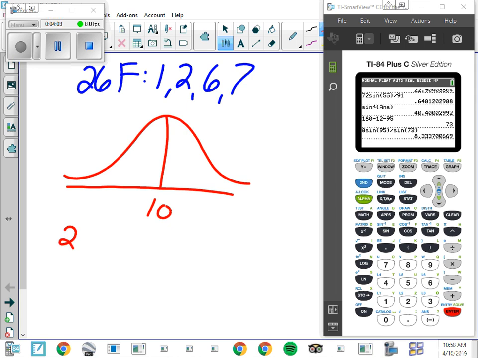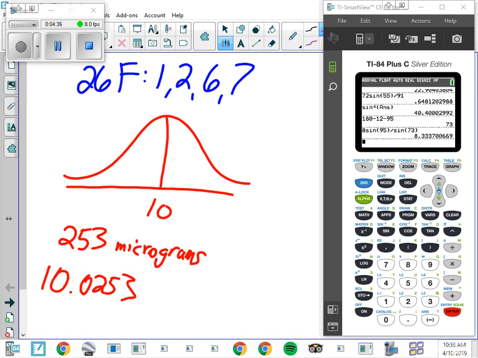The average of the check weight is 253 micrograms bigger than 10, right? So it would be 0.0253. So this is really 10.0253.